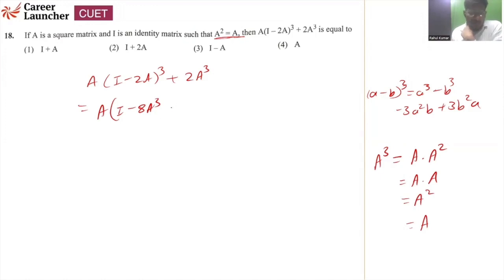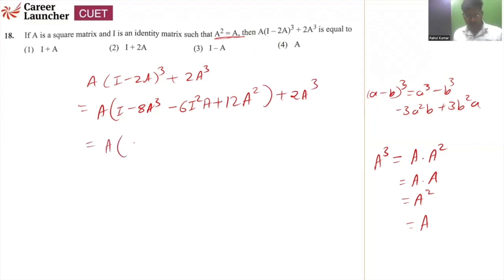Now it will become minus 3 times A square into B. So it will be 6 I square A, and plus 3 into 4 is 12A, and as we have B square here, it will be A square, plus 2A cube. So I'm writing A cube directly.